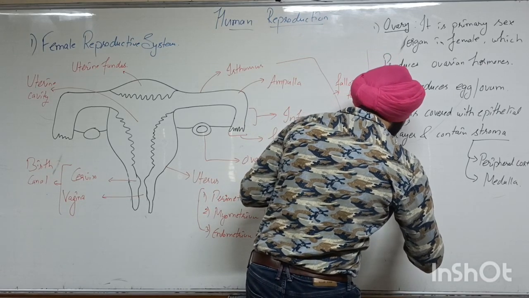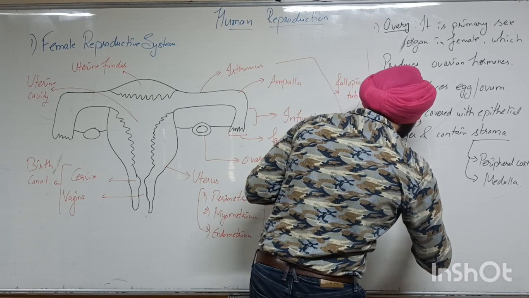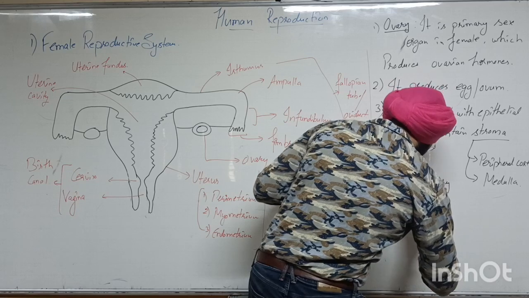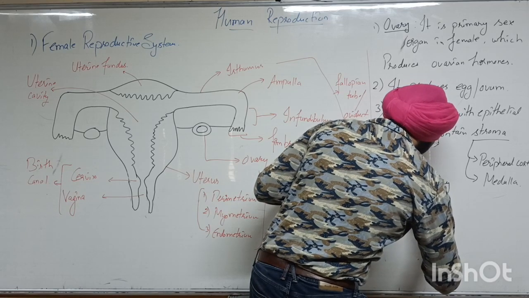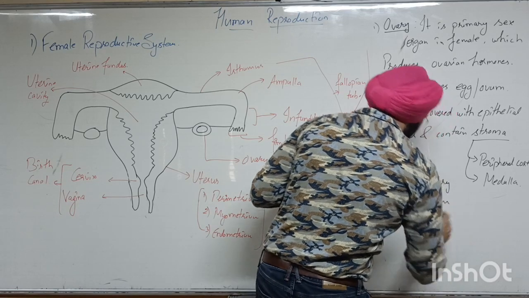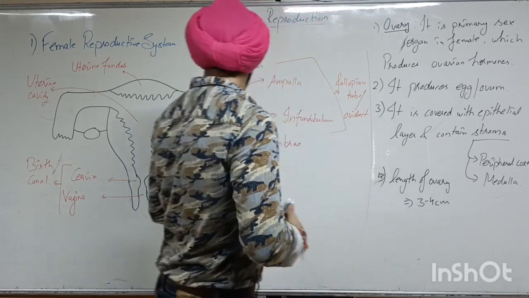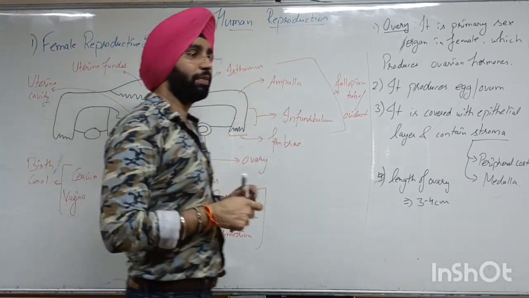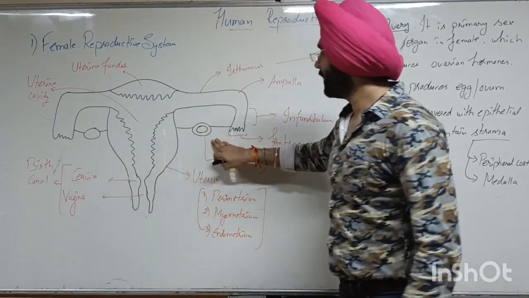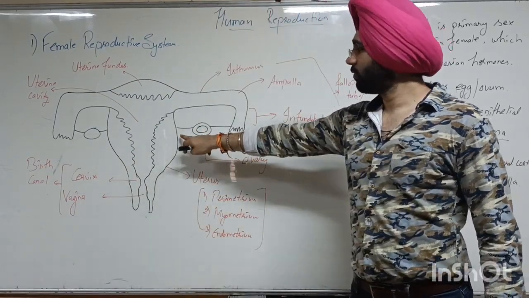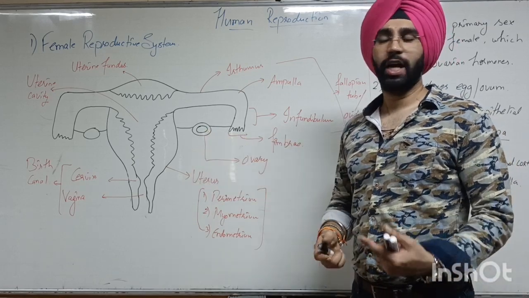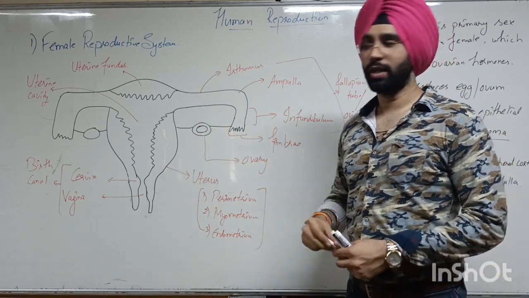The length of the ovary is about 3 to 4 centimeter, and it is attached by the help of a ligament. That ligament is attached to the wall of the uterus, and the ligament also helps in attaching to the pelvic wall.